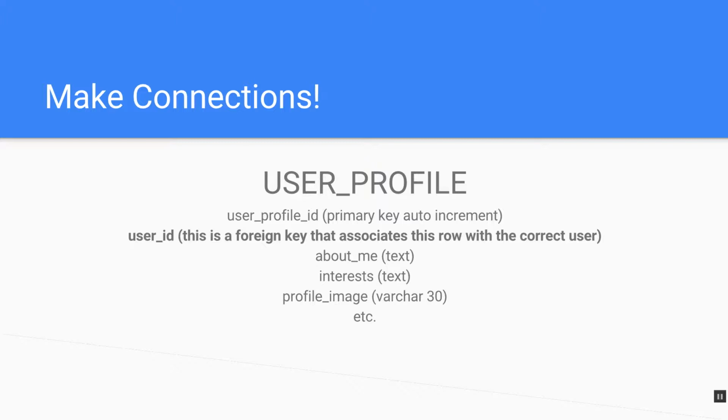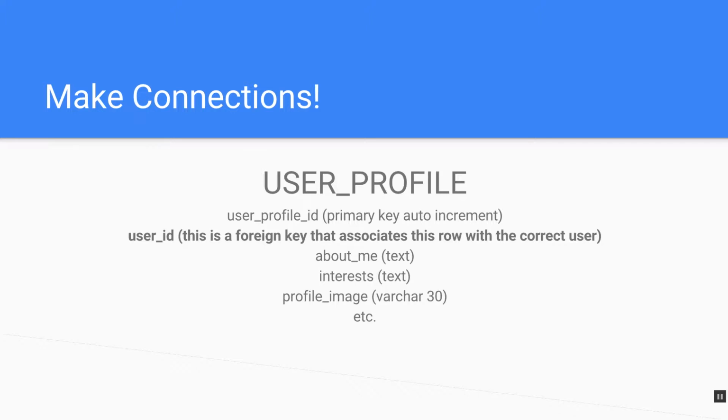Then you route them to whatever their home page is for the logged in users. And then maybe there's a button that says edit your profile. You click edit your profile. That will first run a query that will look to see if we already have a record in user profile with this particular user ID. If we do, we'll take that information that might be stored and we'll display it on the page and allow them to review it and edit it if they want to.